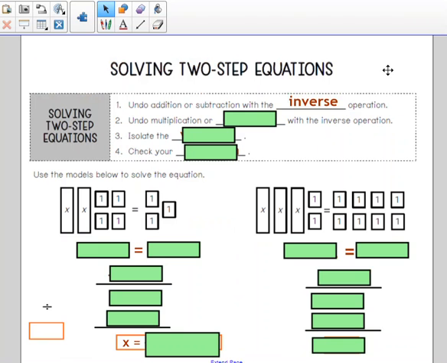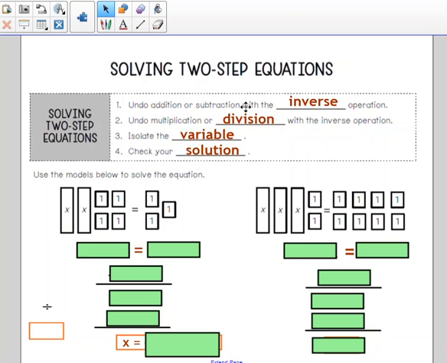So we want to first get rid of the addition or subtraction by doing the opposite. After we've done that, we then want to get rid of multiplication or division with its opposite operation. Remember, inverse means opposite. After that, we want to isolate the variable, and we want to always check our solution.